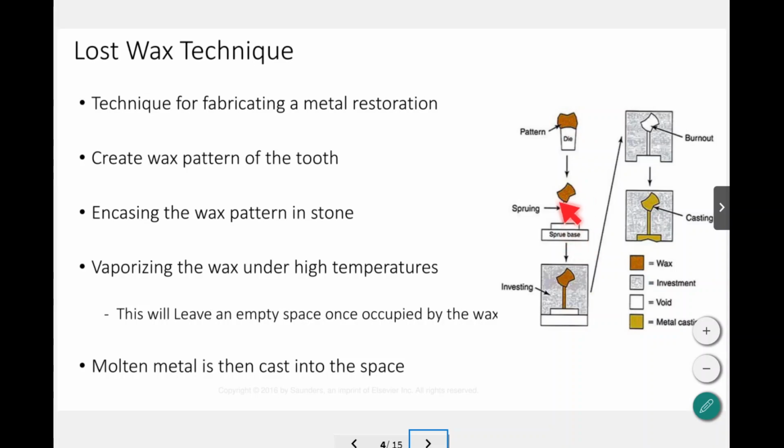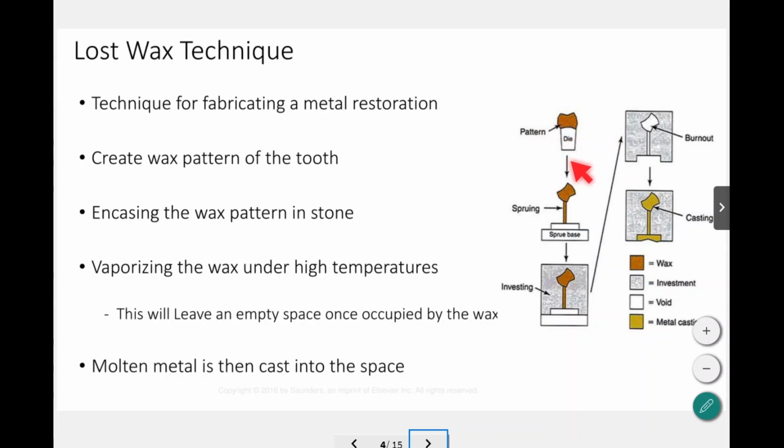You put the wax on what we call a sprue, and you pour stone around it. You put it in an oven that burns out the wax completely, and you will be left with an empty space. Then within that empty space, you put metal, and that metal would make the casting that we use. And then you cut it from here, and you can use it.